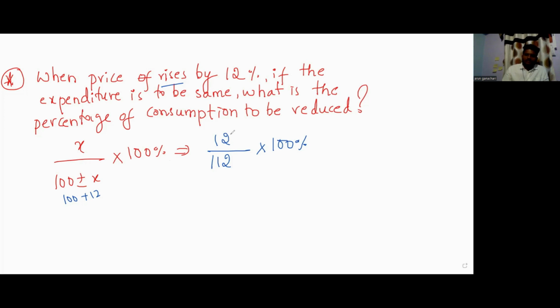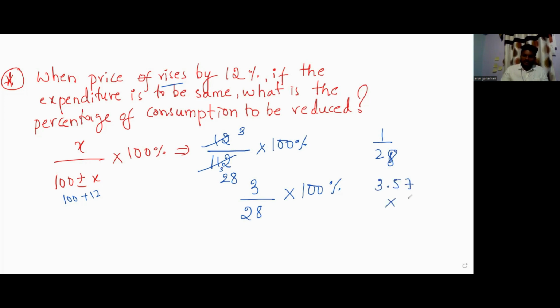Solve this. 4 3s are, yes or no? 4 2s are 8 and 3 is the remainder, 32 ho gaya. So it will be 28. So the answer is 3 by 28 into 100%. What is 1 by 28? 3.57.